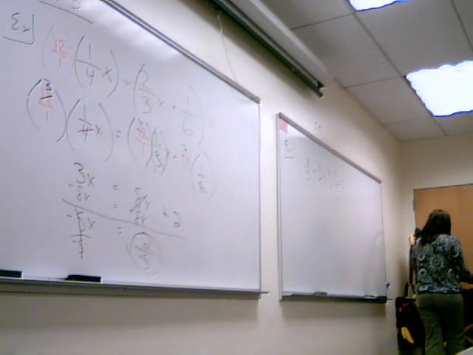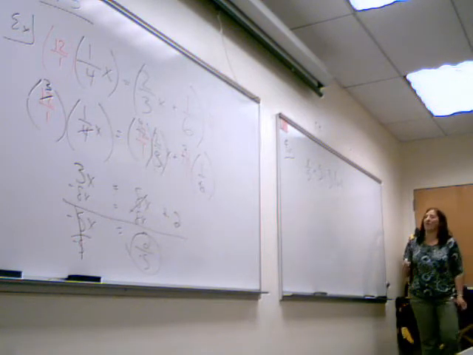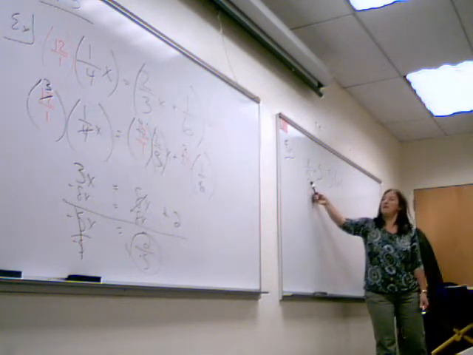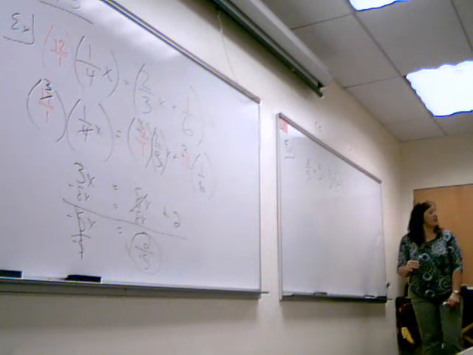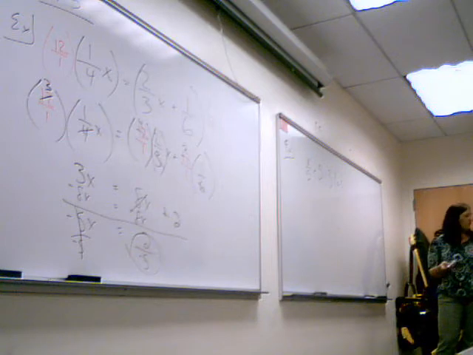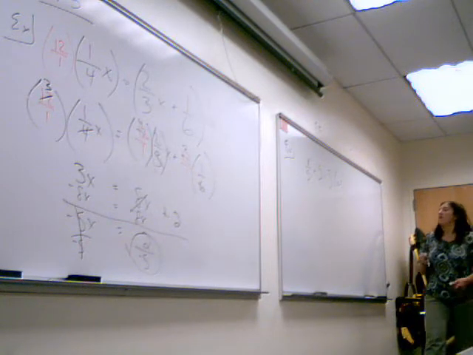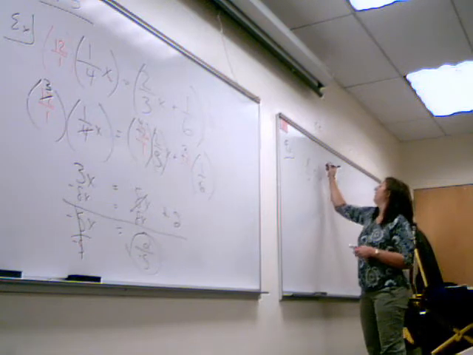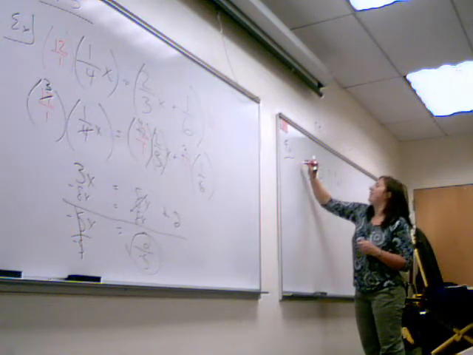So I only really have one fraction in here, but I can still get rid of it and make my life a lot simpler. What am I going to multiply everything by? 5, right?